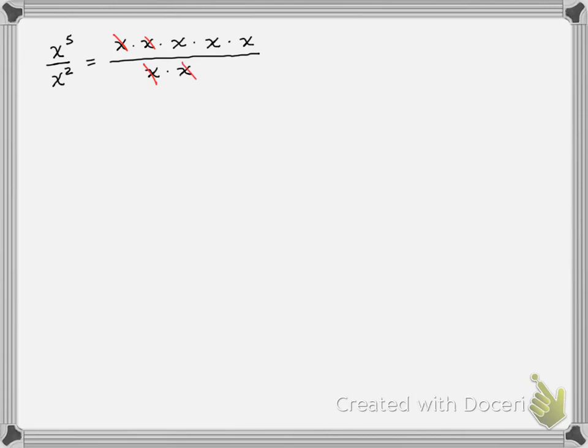So we have reduced the number of factors in the numerator by 2, which makes it 3. And we've reduced the number of factors in the denominator by 2, which means we now have 0 factors of x. So we just get 1. And so we get x to the 3rd.